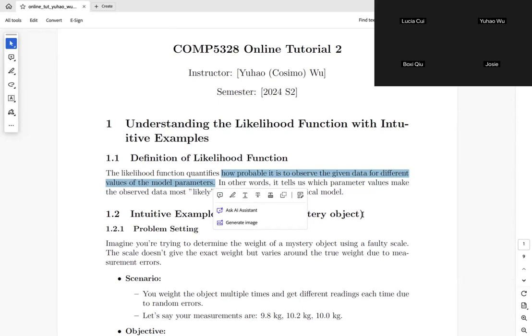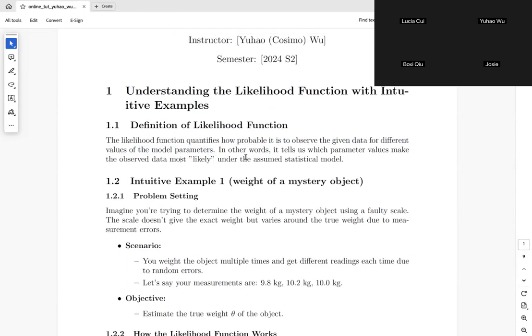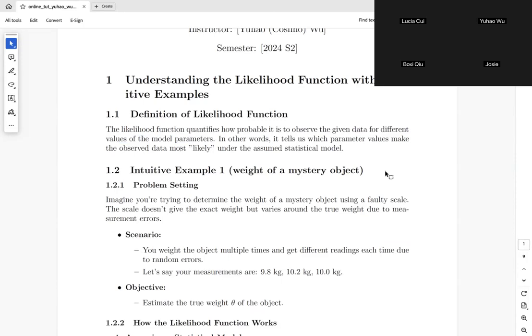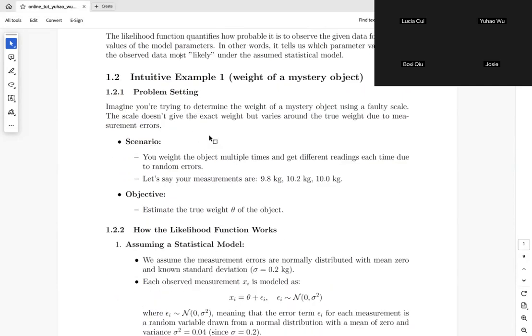This means you use the observed training data to measure the probability of this data under different model parameters. Intuitively, it tells us which parameter value makes the observed data most likely under the assumed statistical model.